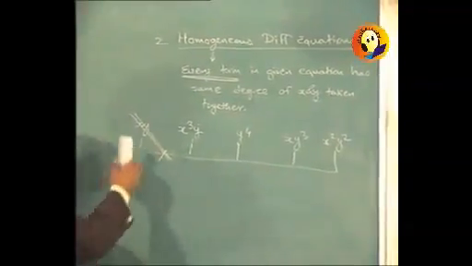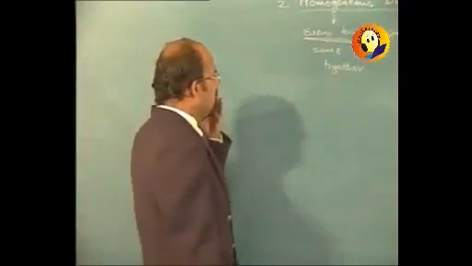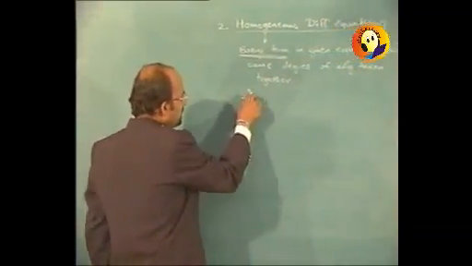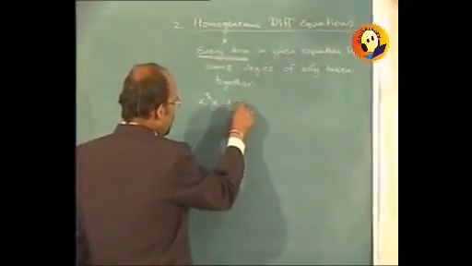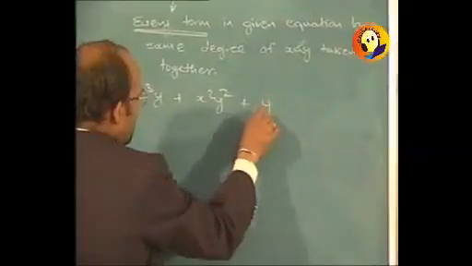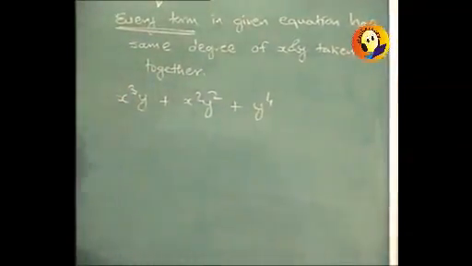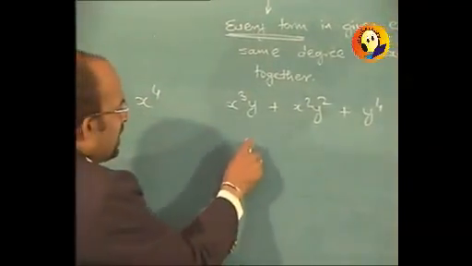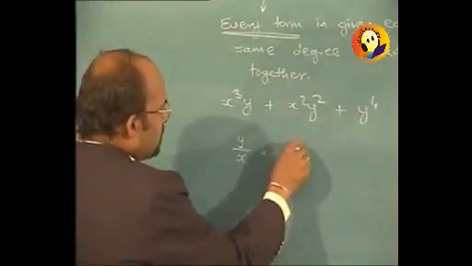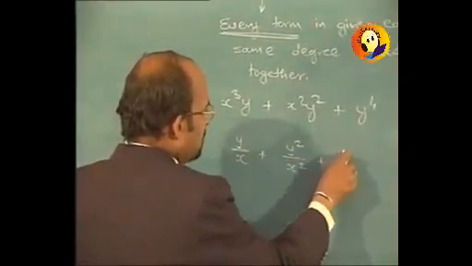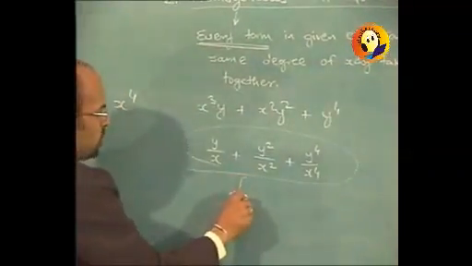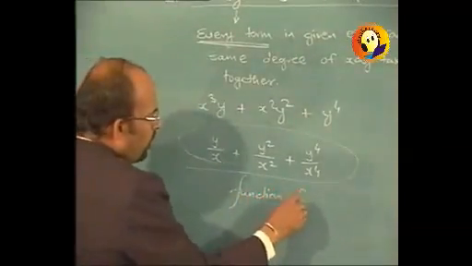Now when the given differential equation has this particular property, that it is homogeneous in x and y, then observe that all these terms which I have written earlier, terms like x square y square, terms like y raised to 4 and so on, if I divide throughout by say x raised to 4, then I will get the terms as y by x plus y square upon x square plus y raised to 4 upon x raised to 4, and ultimately this will turn out to be a function of y upon x.